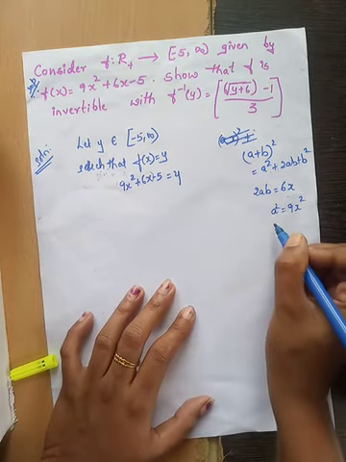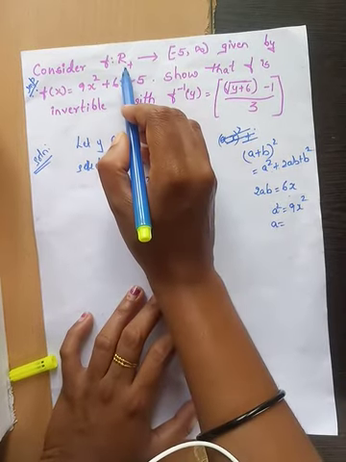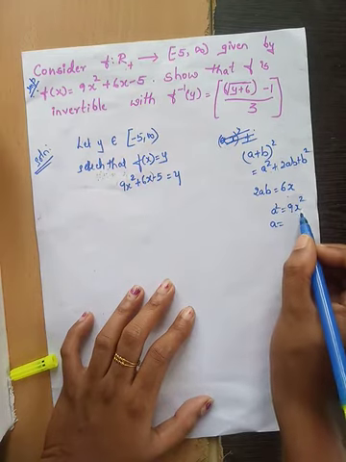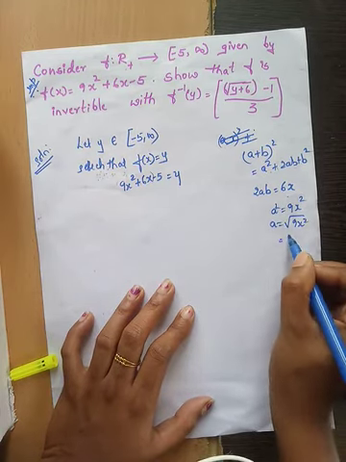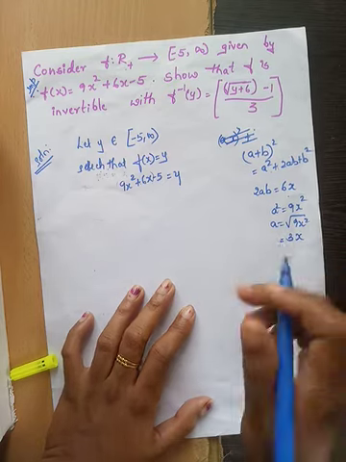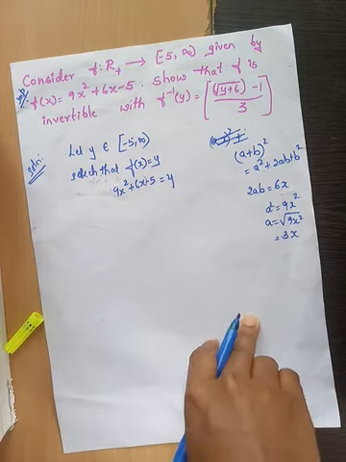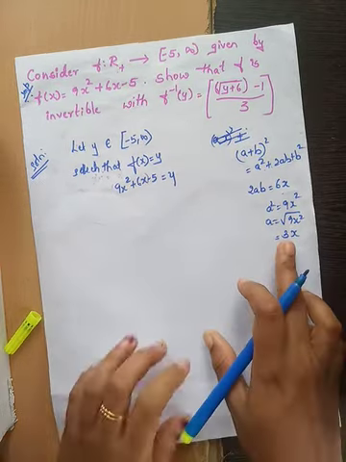So what happens to a? Since we are considering only non-negative real numbers, a should be non-negative. So what is the square root of 9x square? It will be plus or minus 3x, but since x belongs to non-negative real numbers, we can take only 3x. So we know the value of a.